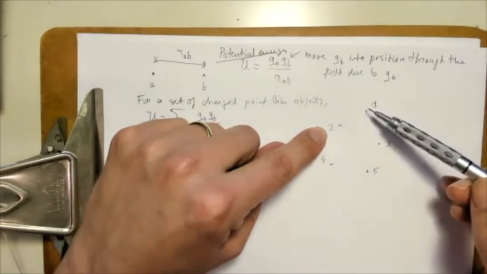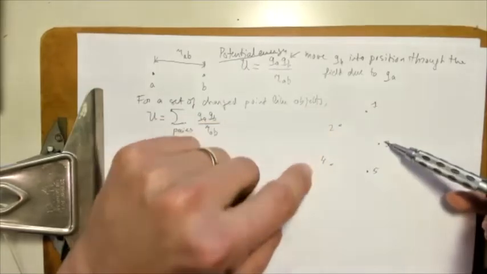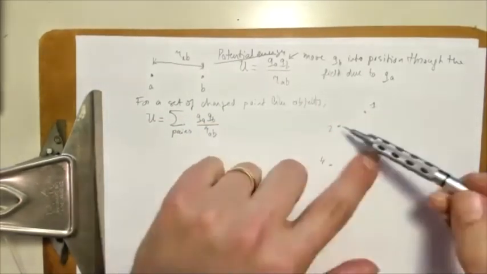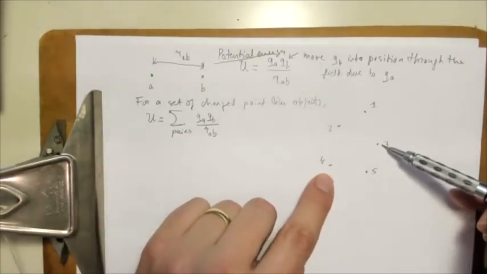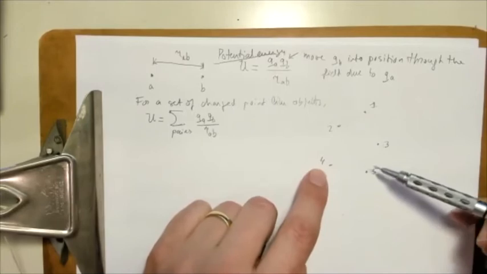We're going to skip over 1 because we already counted that, so we just do 3, 4, 5. Now 3 forms a pair with 2 and 1, but we already had those because the potential energy is symmetric under the exchange of 2 objects. So this one forms a pair with number 4 and number 5, and then finally 4 forms a pair with number 5.